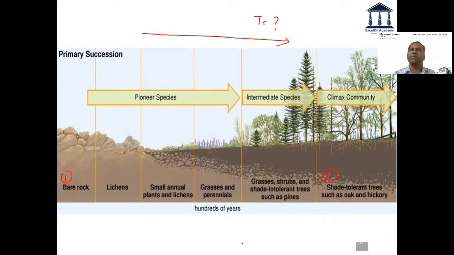So 1,000 years means what you're essentially saying is if there was a bare rock, let's say by 10th century AD, historically, we would have a fully grown forest here. 400 years is the Mughal dynasty to now. Any other answer?